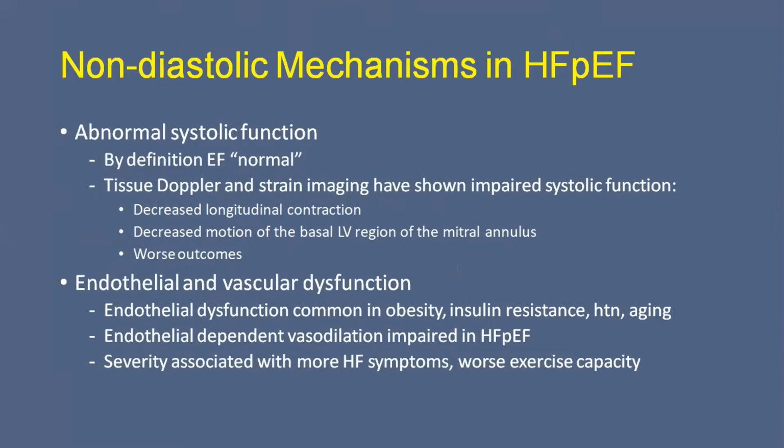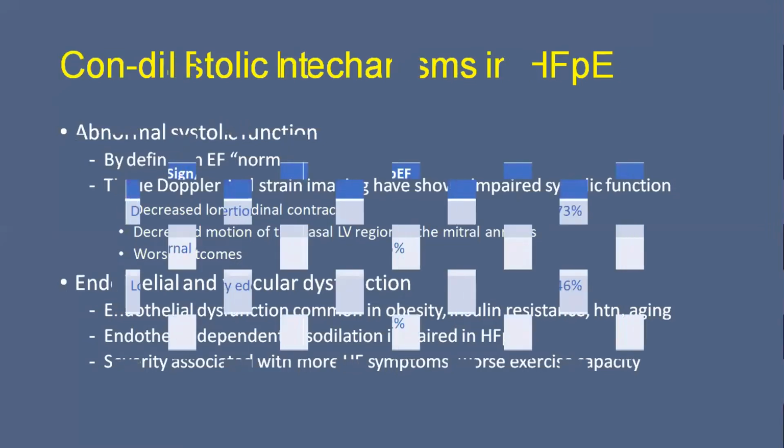Third is worse outcomes. And endothelial and vascular dysfunction. Endothelial dysfunction is common in obesity, insulin resistance, hypertension, and aging. Endothelium-dependent vasodilatation is impaired in heart failure with preserved ejection fraction, and severity is associated with more heart failure symptoms and worse exercise capacity.